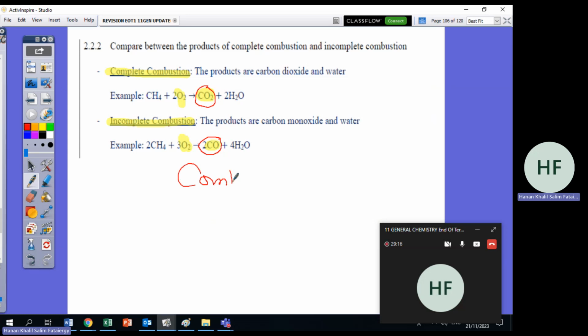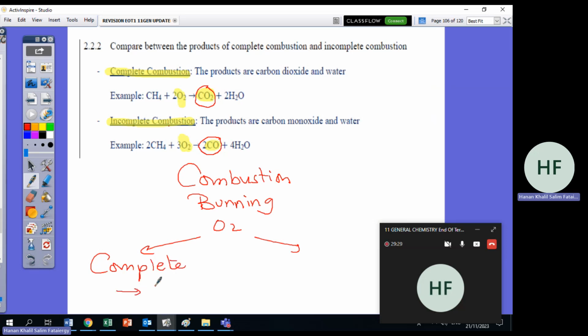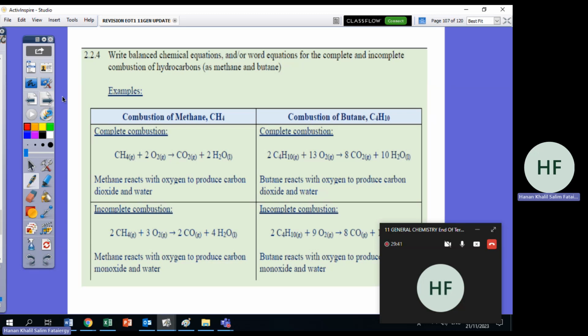So what is combustion? Combustion is burning. It needs O2. We have two types. We have complete, which produces CO2, and we have incomplete, which produces CO because there is not enough oxygen. Okay, let's continue.